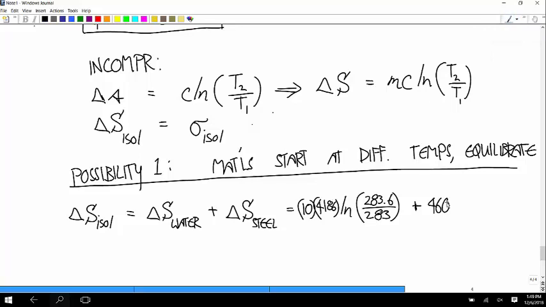Okay, and add that to the mass of the steel, 0.5, times its specific heat, 460, times the natural log of its later temperature, 283.6, over 400.